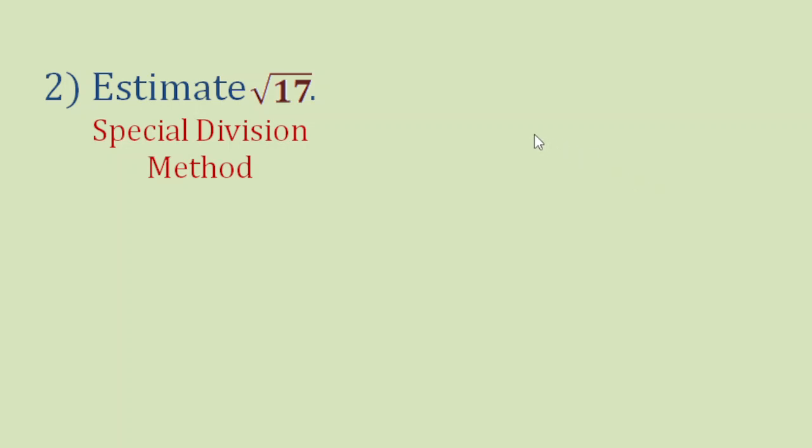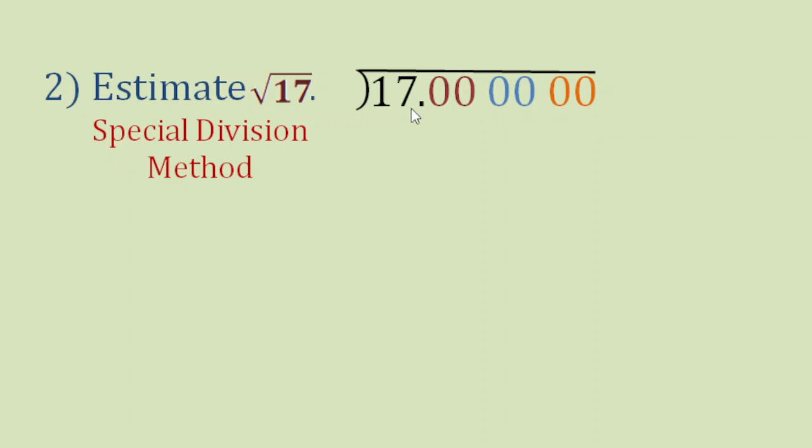Square root of 17. So we will copy down 17. Again, I will add 3 sets of zeros. Then I need a vinculum and the close parenthesis. Now the square root of 17 lies between the square root of 16 and the square root of 25.